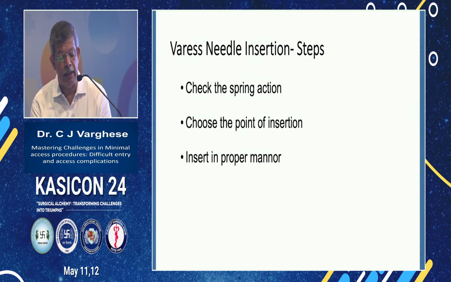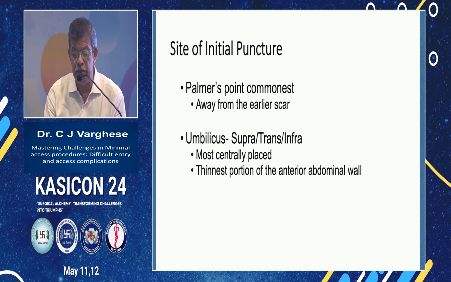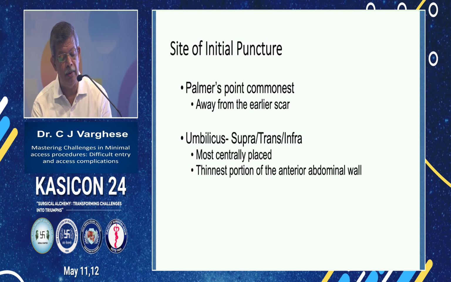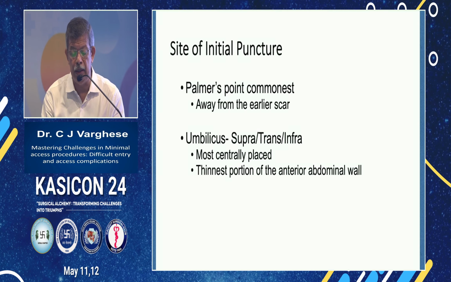Then select the site of insertion on the abdomen, usually Palmer's point in the left upper quadrant, which is considered the area with least problems. Other options are at the umbilicus, supraumbilical, infraumbilical or transumbilical, or even other areas, depending upon the situation.